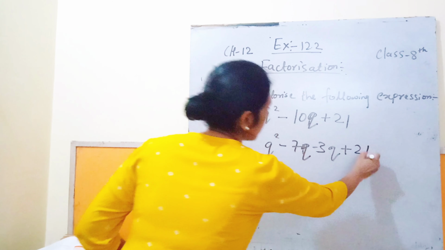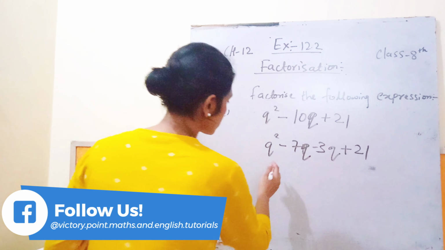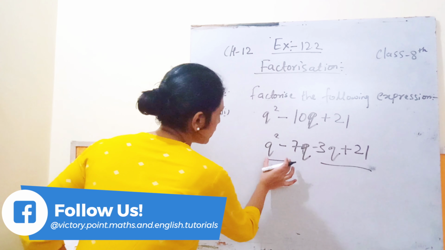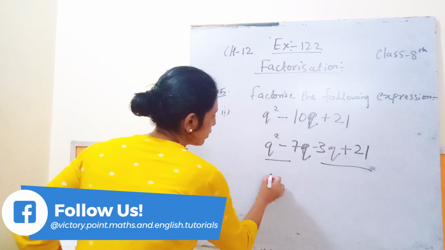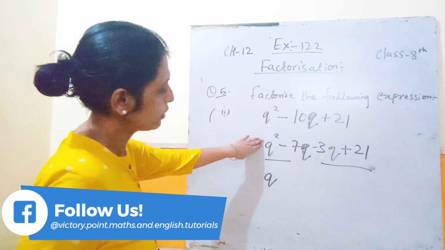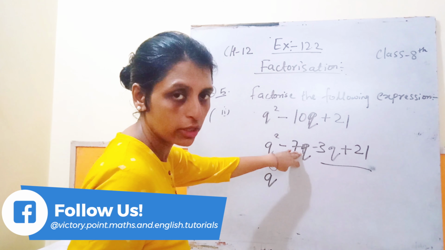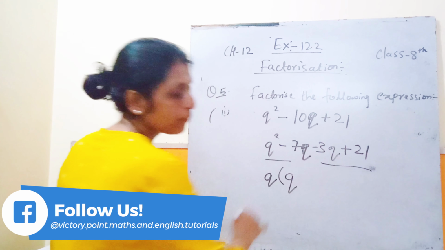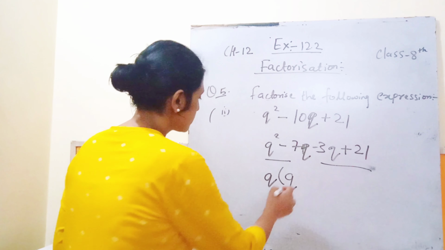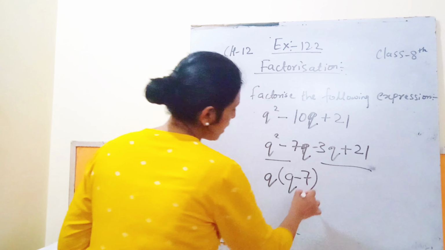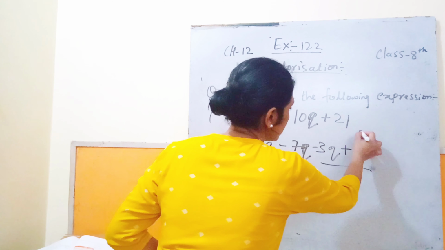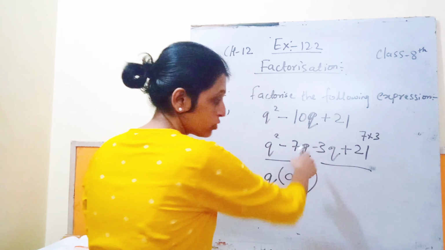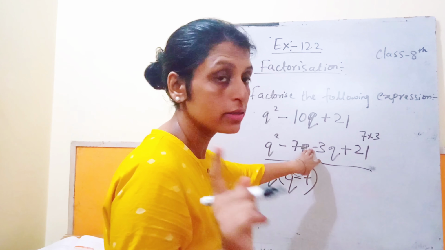Now we have total 4 terms, we can pair them. In the first 2 terms we are having q as common. Why? Because it is having q square and it is having 7q, so 1q at least can be taken as common. So q minus 7, and here 21 can be written as 7 into 3, so 3 here and 3 here also, and we will take minus 3.